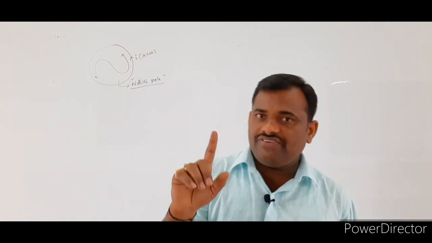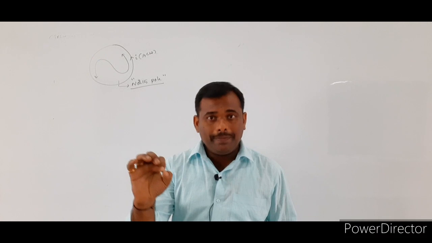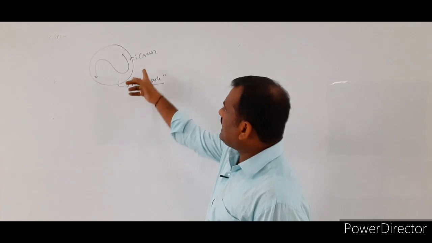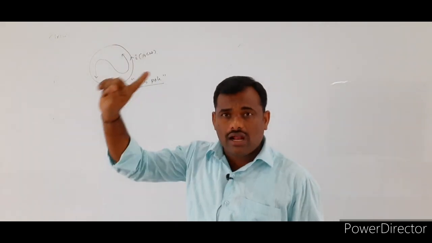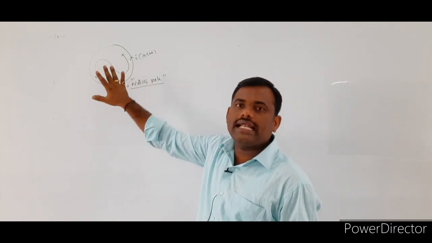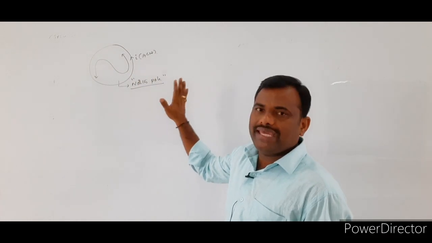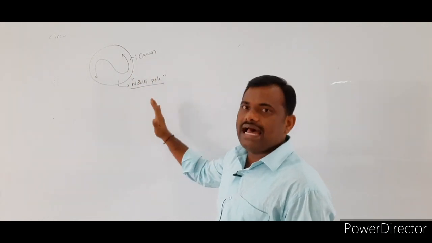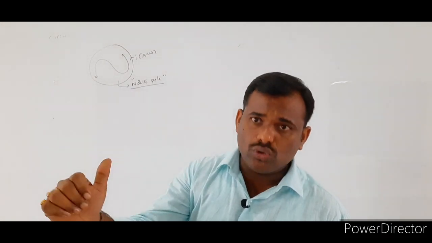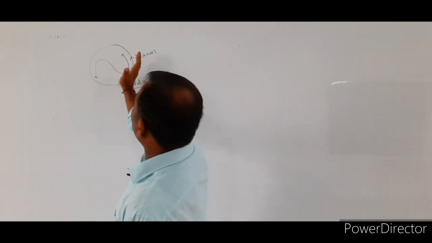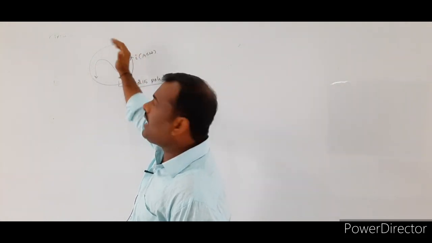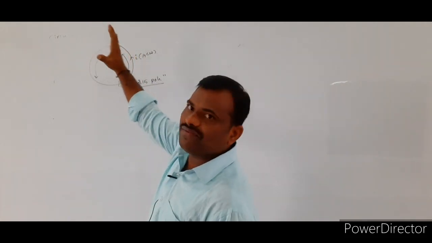Once again, the face of the circular current carrying loop in which the current flows in the anti-clockwise direction behaves as the north pole. We also explained this from the basic right hand thumb rule. Whenever the current flows in the anti-clockwise direction, the thumb points vertically outwards.